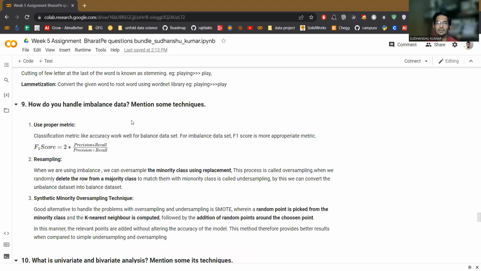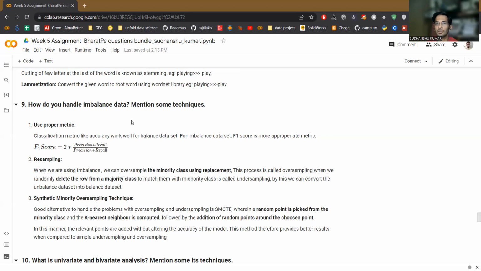The first method is proper metrics. When we use a classification metric like accuracy, it works well for a balanced data set. But when we move to an imbalanced data set, we have to consider new metrics which consider both precision and recall, called F1 score.